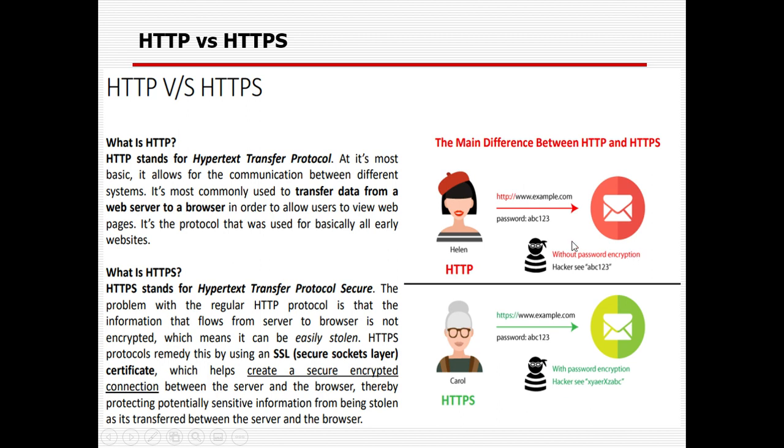They will see the exact password, so there is a high chance that someone can hack your password. But in case it is HTTPS, when the user interacts with a server and tries to open a new URL and enters the password, that password will be encrypted, and the hacker will not see the exact password the user entered. So that is the main basic difference.